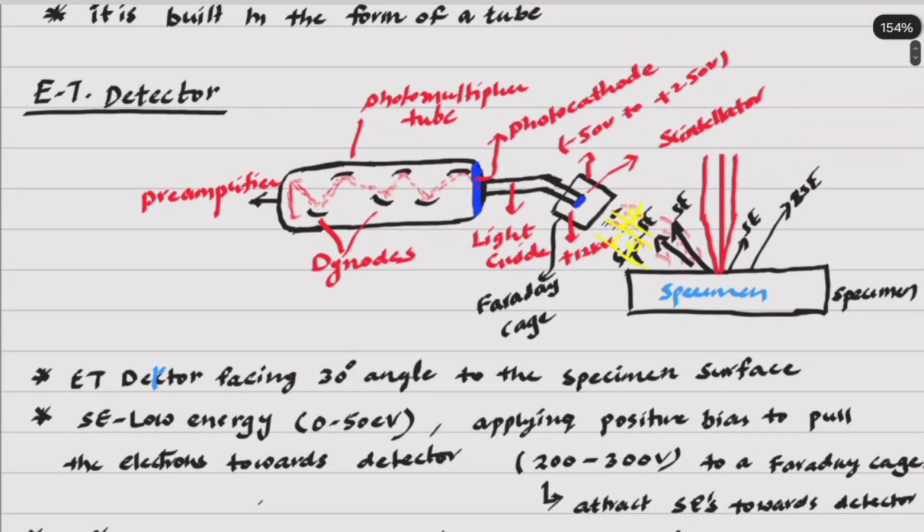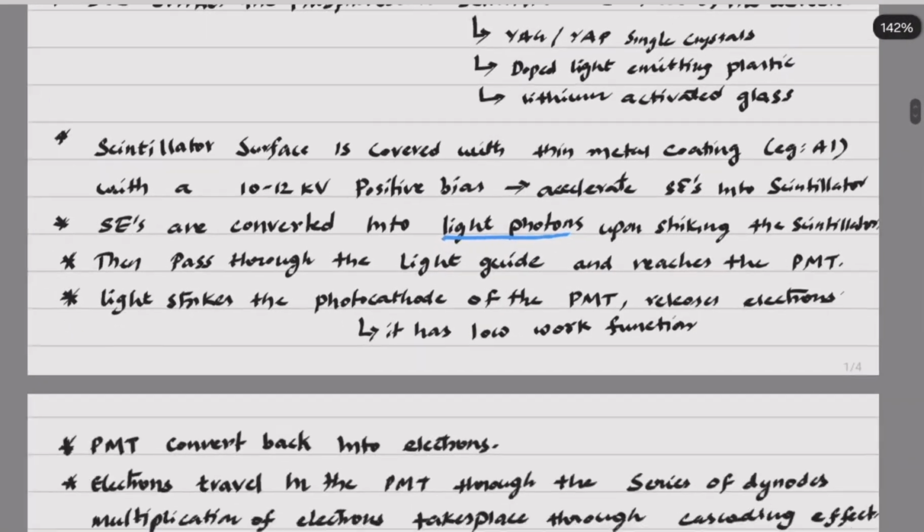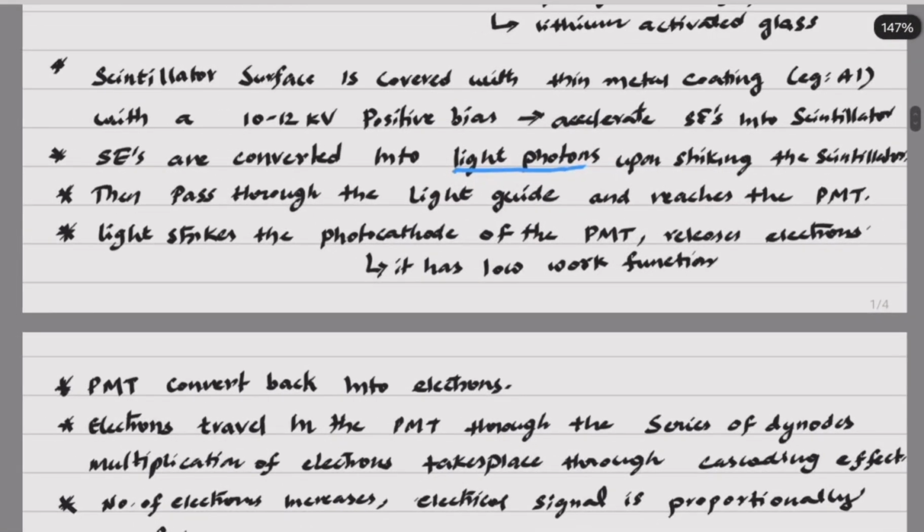Here we can see that this is the light guide. Through this light guide, the light passes and reaches the photomultiplier tube.